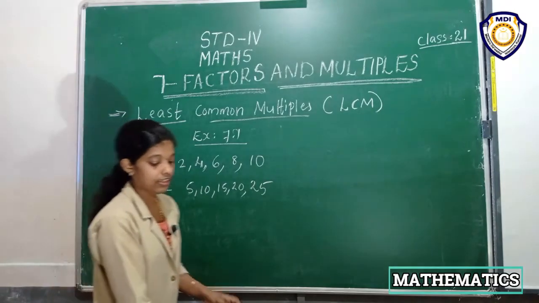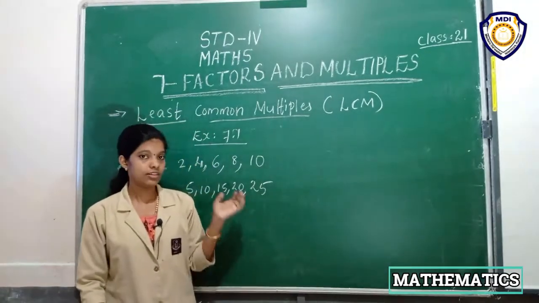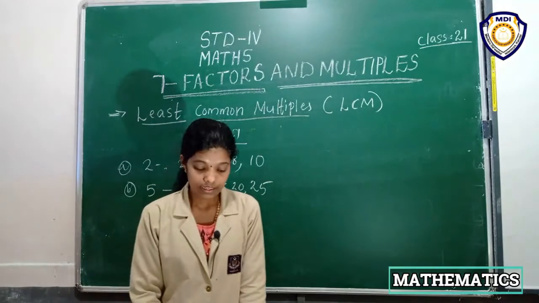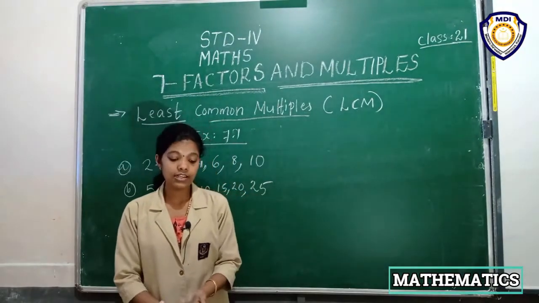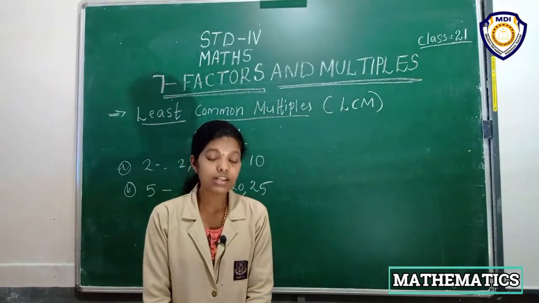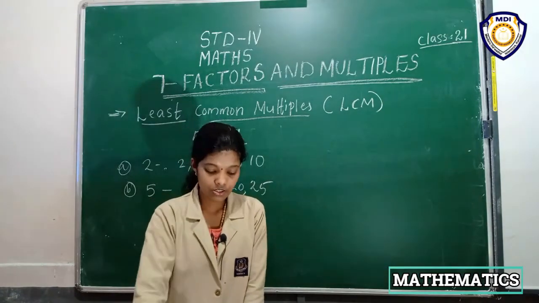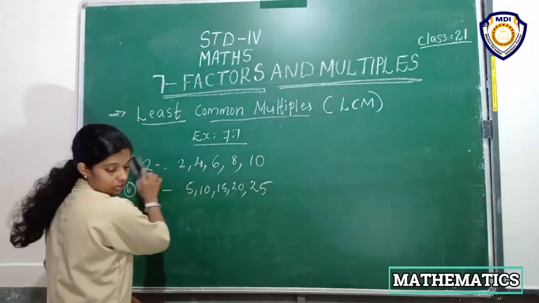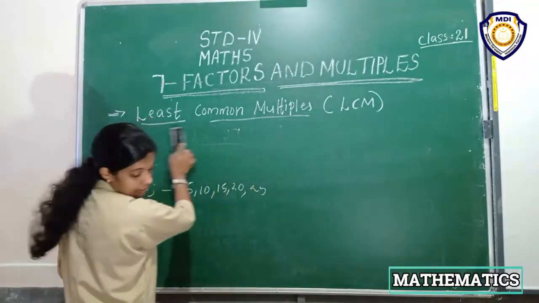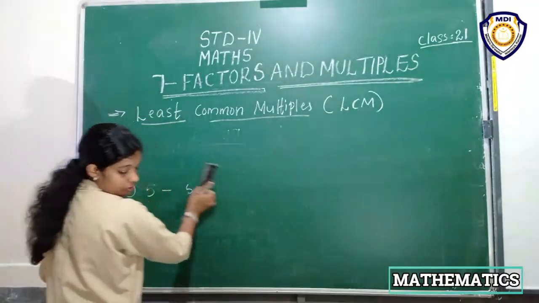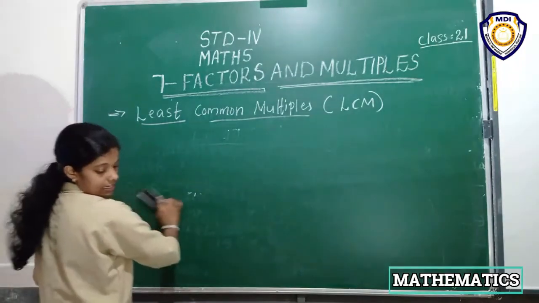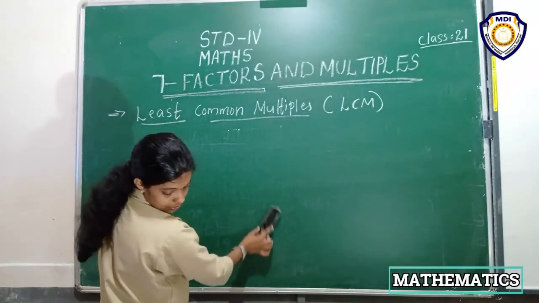Okay, then second one is circle the multiples of 4. Here 16, 21, 24, 30, 32, 40, 48 and 72.